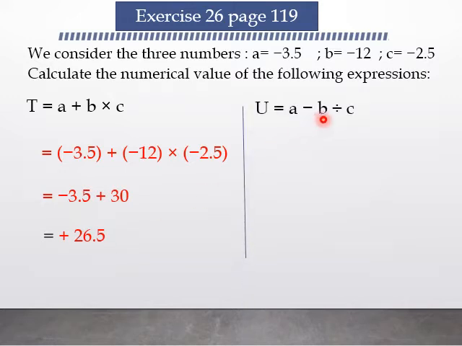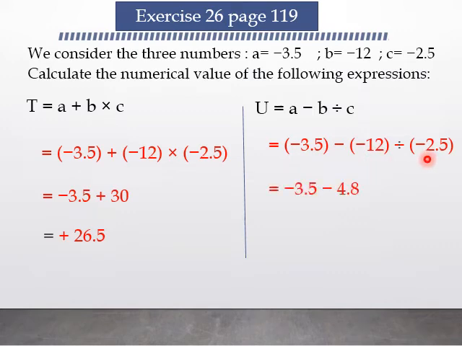U equals A minus B divided by C. The first step is to replace the letters by their values: minus 3.5 minus 12 divided by minus 2.5. Drop down the first number, and we have an odd number of negative signs. Minus times minus is a plus. Plus divided by minus is minus.